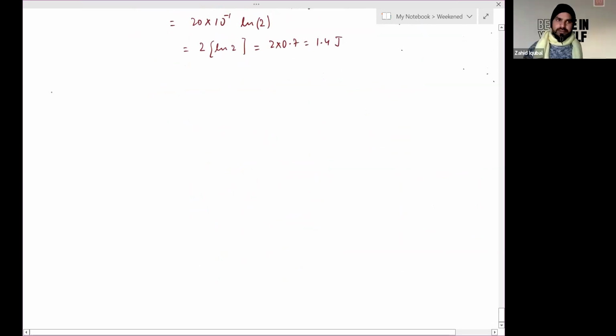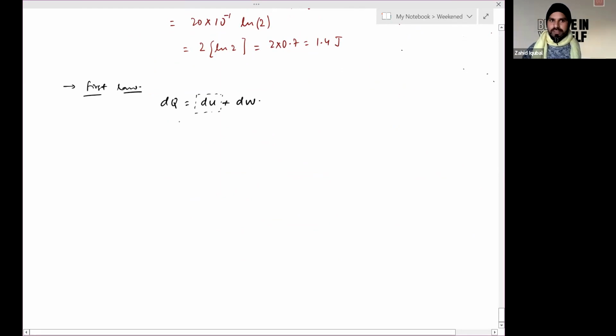Now, using the first law, you'll say dQ equals dU plus dW. Since in this entire part there is no change in temperature, dU will be 0.